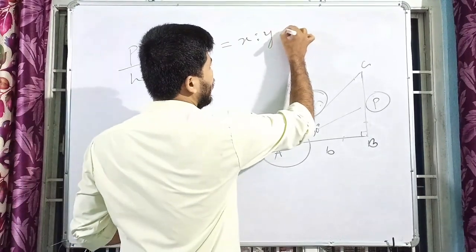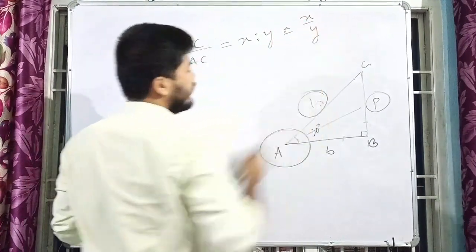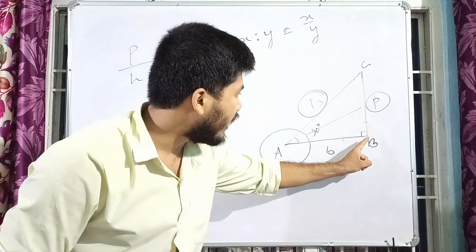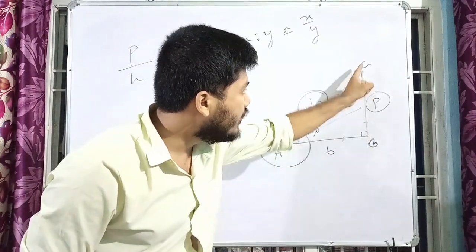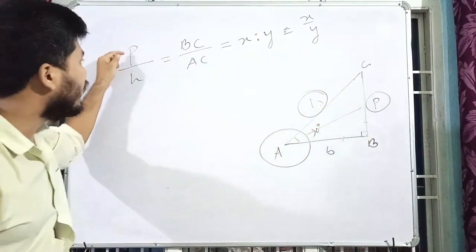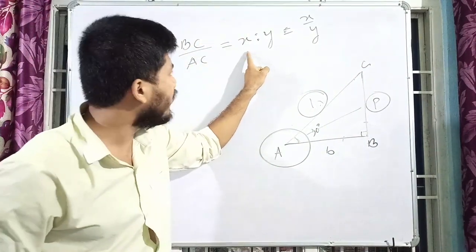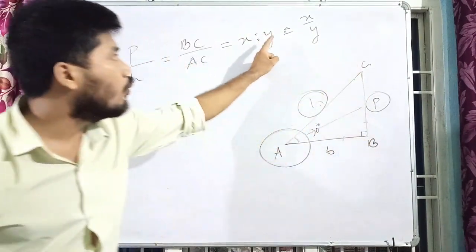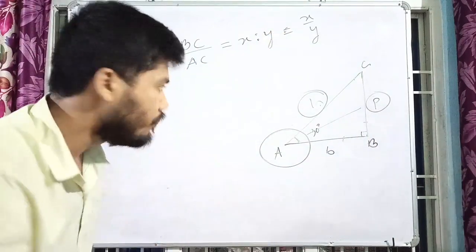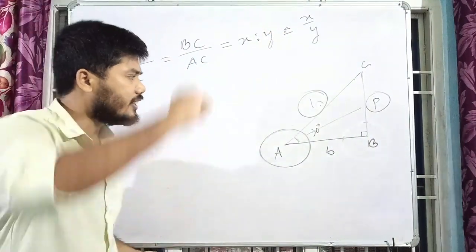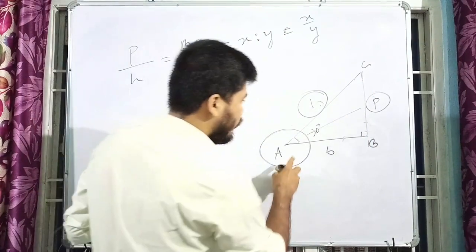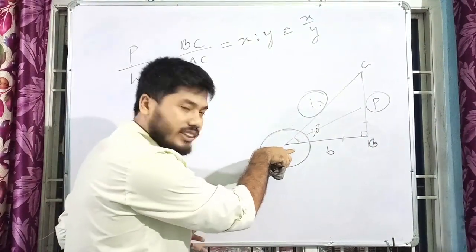If we find the ratio of BC and AC, that is perpendicular to the hypotenuse, we got the value x is to y, or x by y.